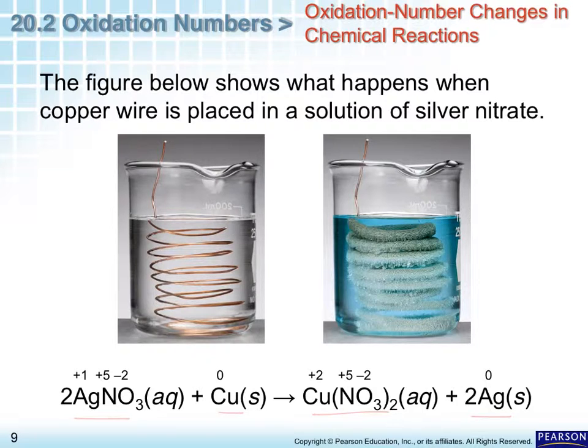Before we may have called that a single replacement reaction, but here we see that silver is going from a +1 charge as an ion to a 0, and copper is going from a 0 to a +2 charge. So there's our oxidation and our reduction. But the numbers that we're really looking for is how do we come up with these numbers?